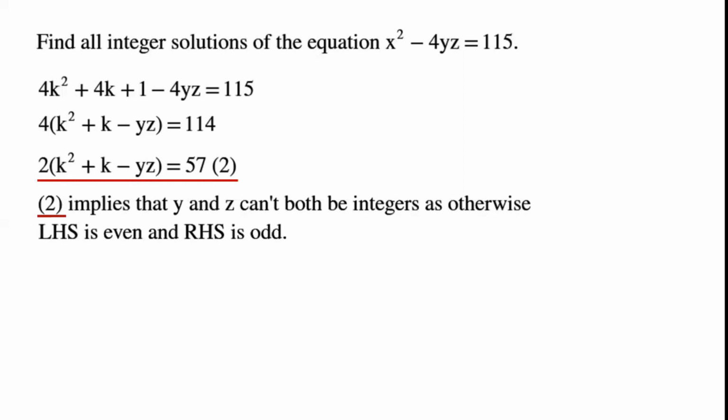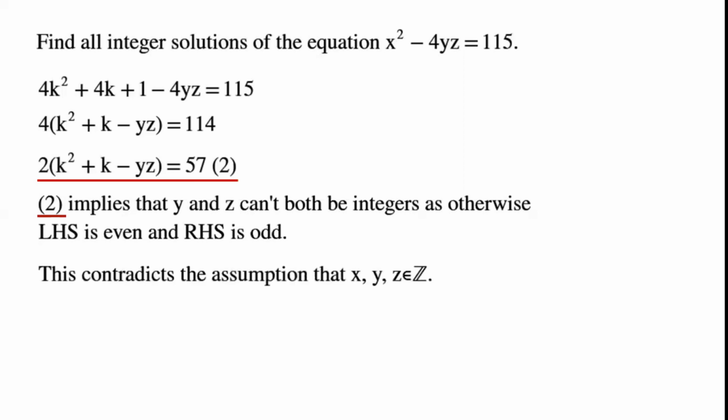Equation 2 implies that y and z can't both be integers, as otherwise the left-hand side is even and the right-hand side is odd.